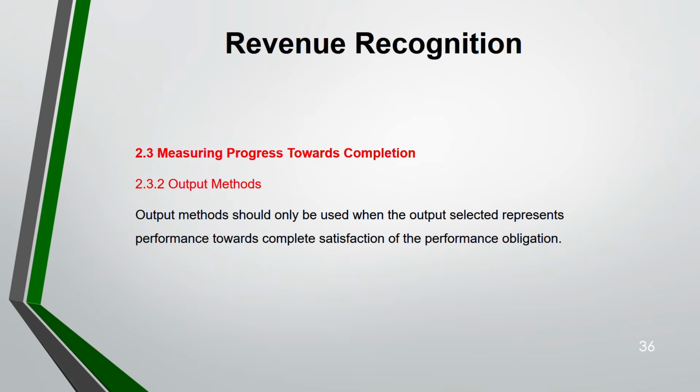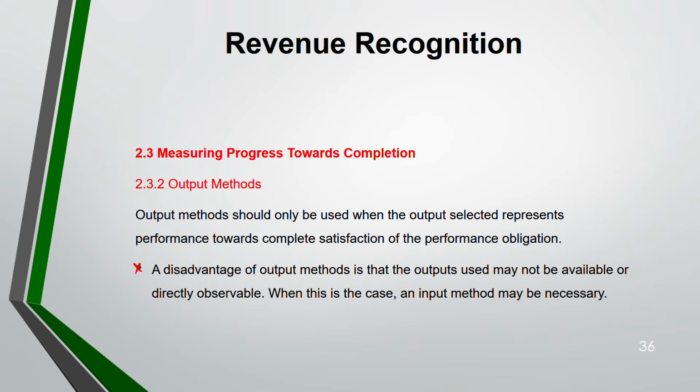Next, the output method should only be used when the output selected represents your performance towards complete satisfaction of the performance obligation. One disadvantage is that output may not be available or directly observable. In this case, you can use the input method.